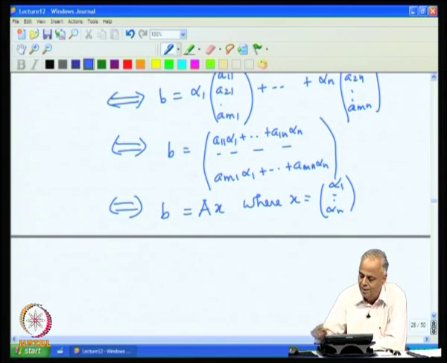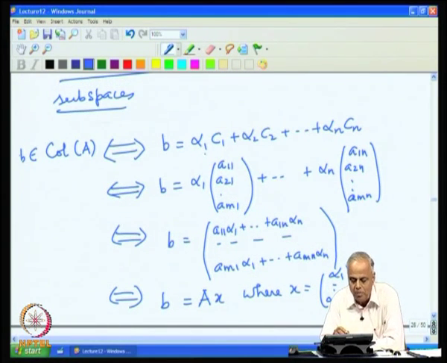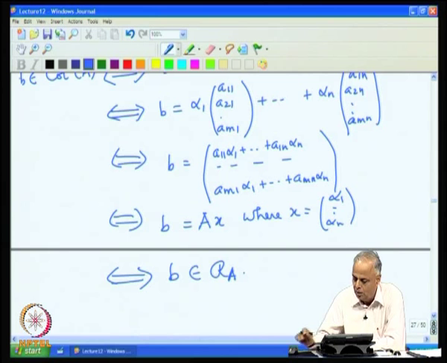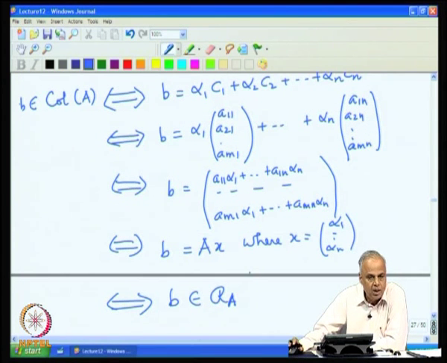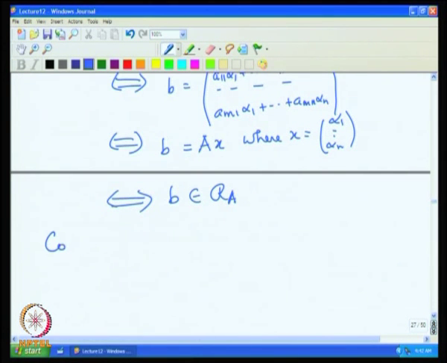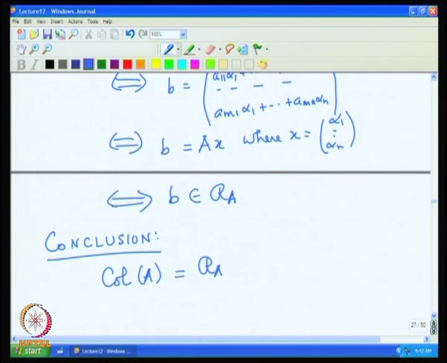This means, since B is a linear combination, these alpha 1, alpha 2, alpha n must exist, which means there is a vector x such that B is equal to Ax. This is the qualification for a vector to be in the range of A. So, a vector belongs to the column space of A if and only if it belongs to the range space of A. Conclusion: the column space of A is the same as range space of A.